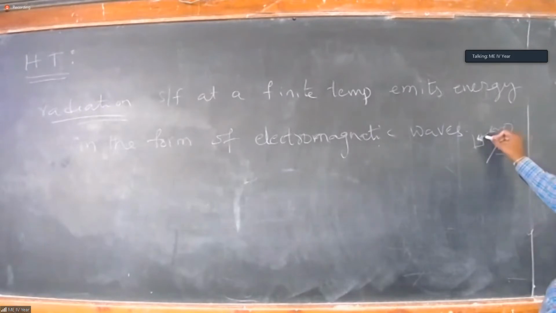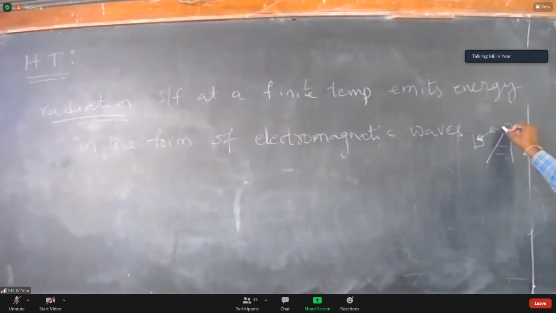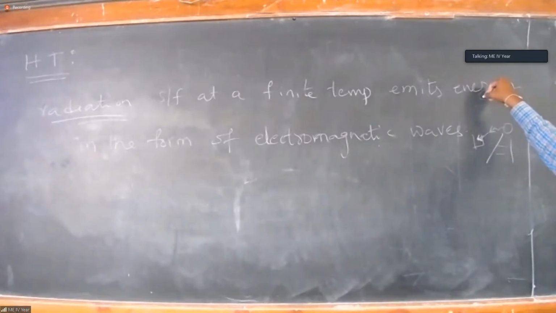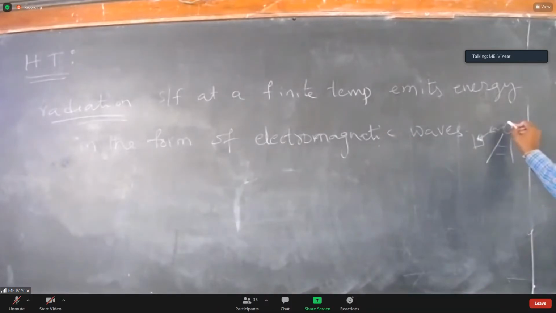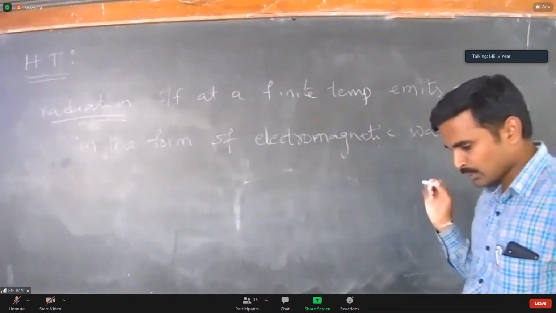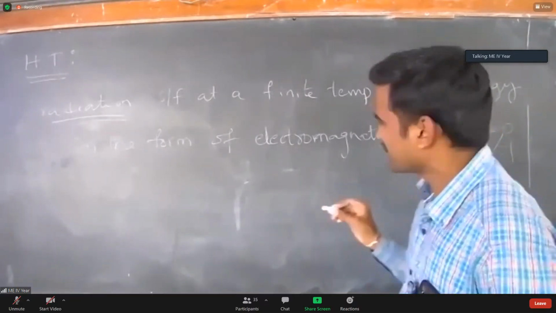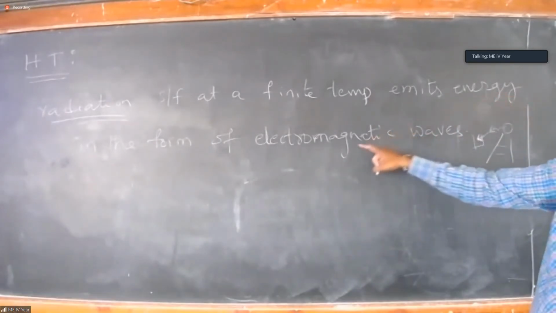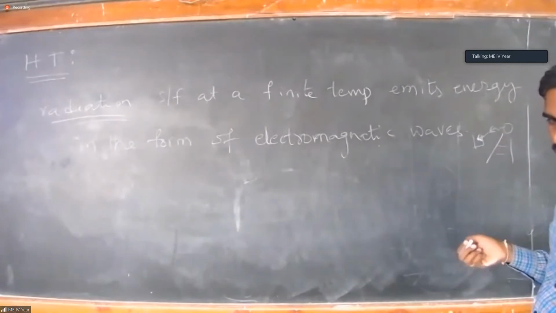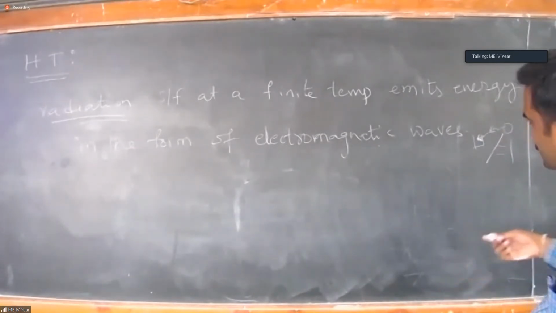So now, electromagnetic waves carry energy, right? So if you stay close to a mobile tower, which emits strong electromagnetic waves, you may get cancer.